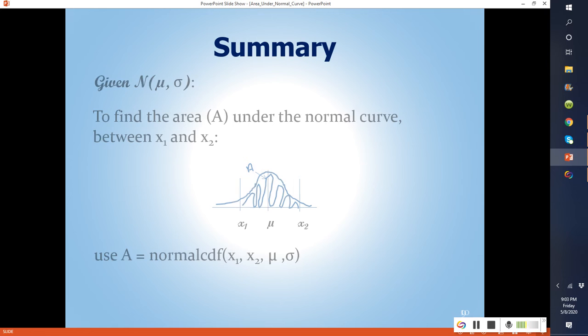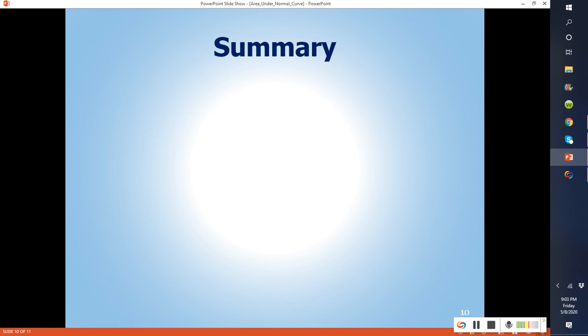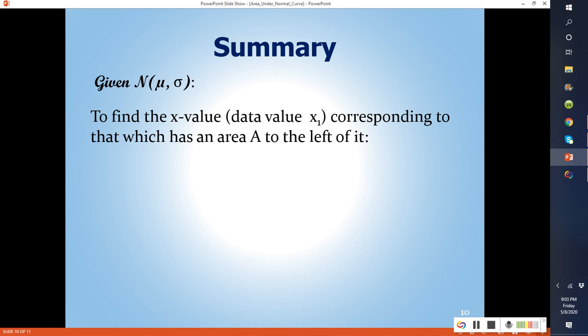Now, how about if you want to go the reverse, or the inverse? Here we go. You're given a normal distribution, but this time you want to find the x value, or the data value, corresponding to an area A to the left of it. We first draw a picture.